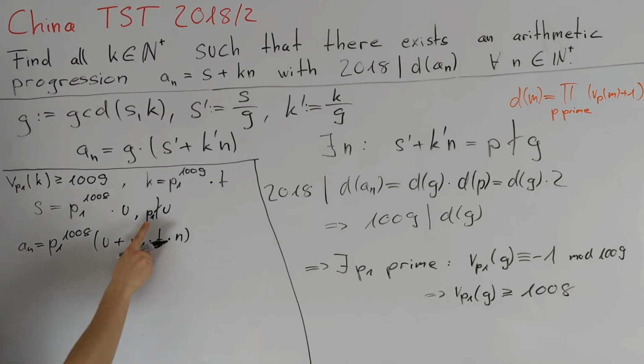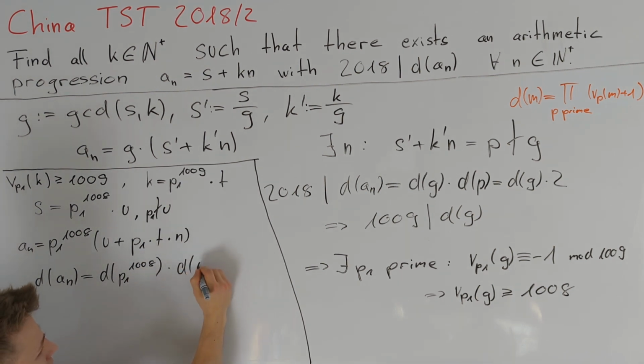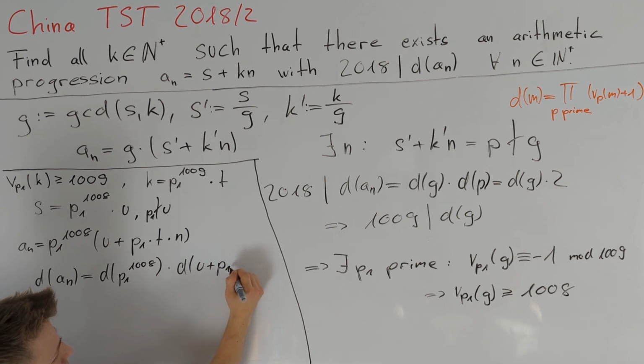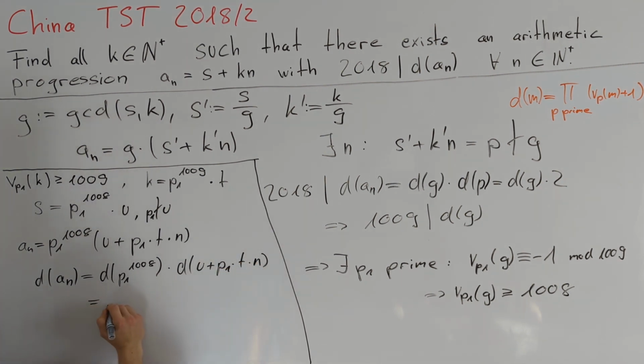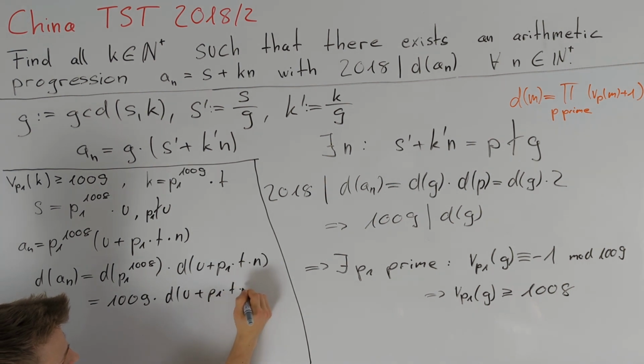And now, since p1 does not divide u, we know that p1 and the sum here are coprime, so we can conclude that d(a_n) is equal to d(p1 to the power of 1008) times d(u plus p1 times t times n), and this is equal to 1009 times d(u plus p1 times t times n).